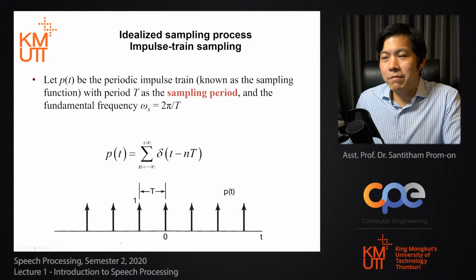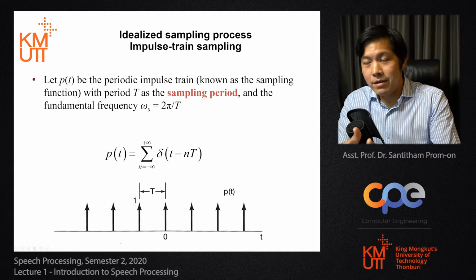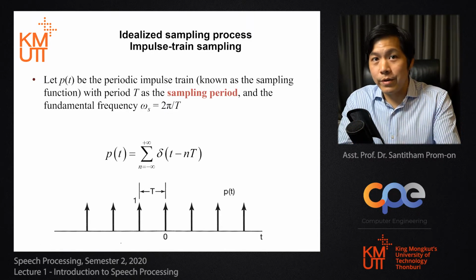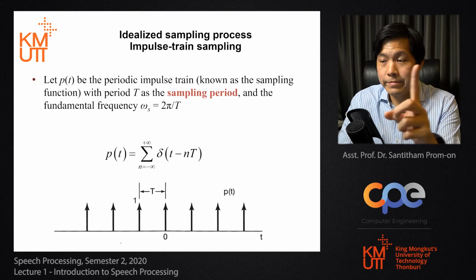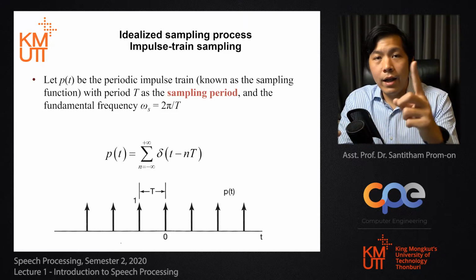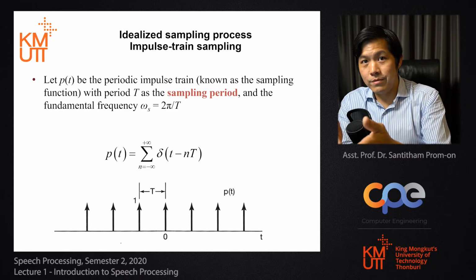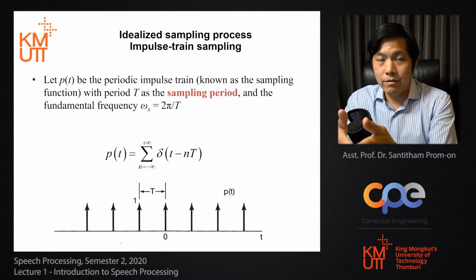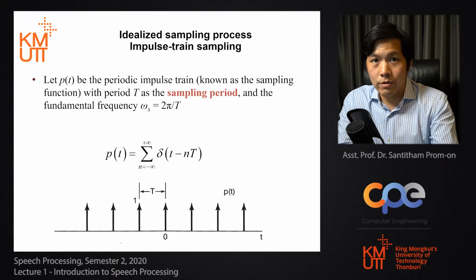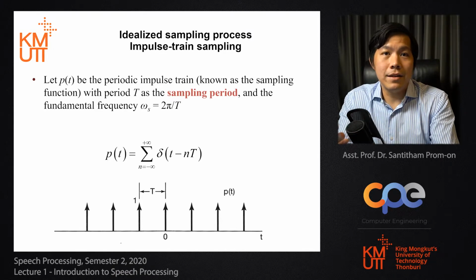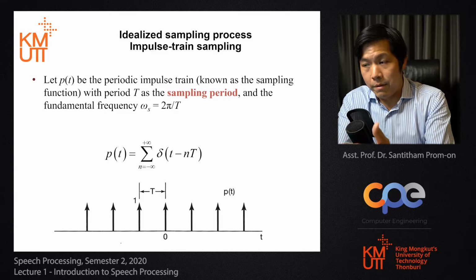The property of the impulse, if you don't remember, is that if you integrate the impulse, you get the value of 1. The impulse has an amplitude of infinity at 0, at the point 0, and 0 elsewhere. So it represents an event that occurs at one moment.